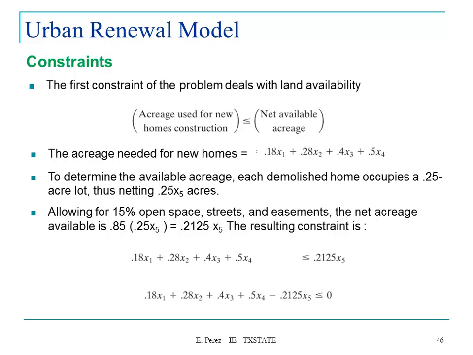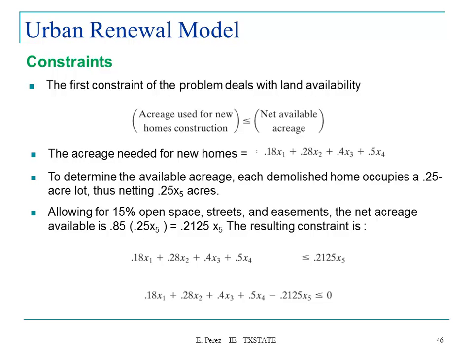Okay, so the first constraint of the problem deals with the land availability. You have an amount of land that you need for each type of home, and you have some availability in terms of the land that you have available. So you have the constraint for the land that you're going to need for each type of home, which is listed here.